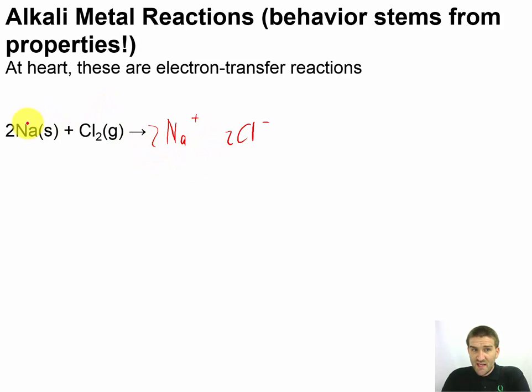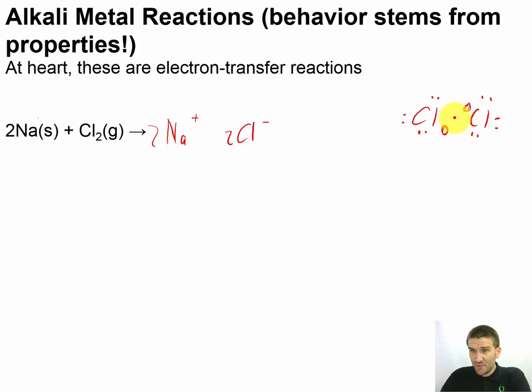Now, really what you're saying is sodium is so good at giving up an electron. It gave an electron over here to the Cl2 molecule. Now keep in mind that this is what the Cl2 molecule looks like as far as the Lewis structure goes. Suppose we gave it two extra electrons, one from this sodium atom, popping in right here, and another from the other sodium atom popping in right there.